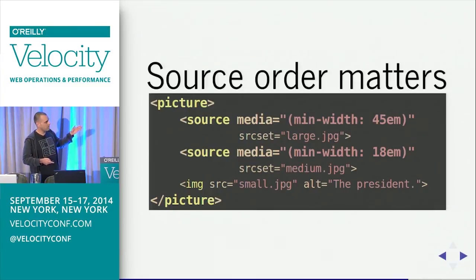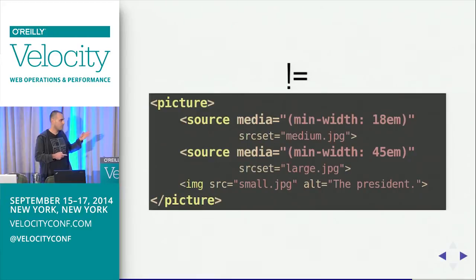Otherwise, for example, if we replace the 18 and the 45, 45 will never get picked, because everything that matches min-width 45 also matches min-width 18. So you need to be careful in the way you order your sources.